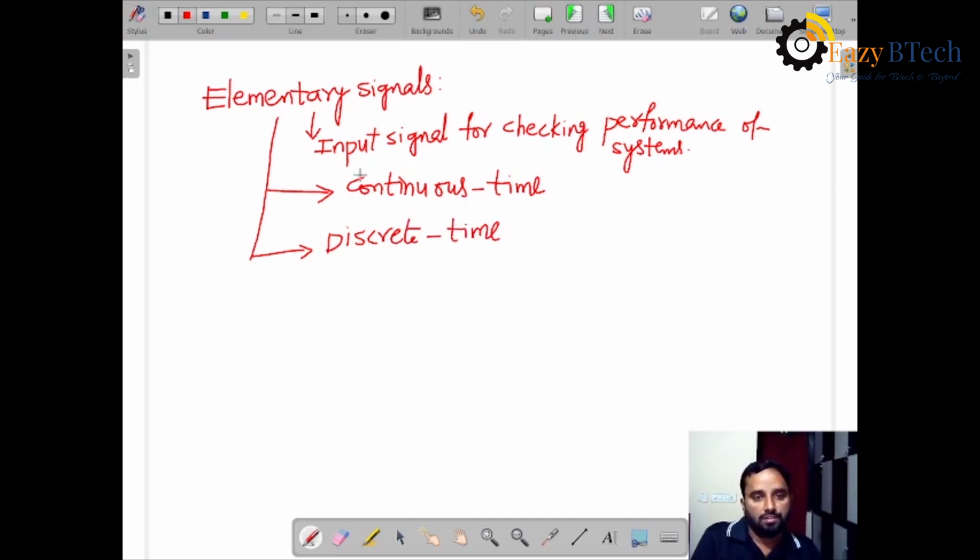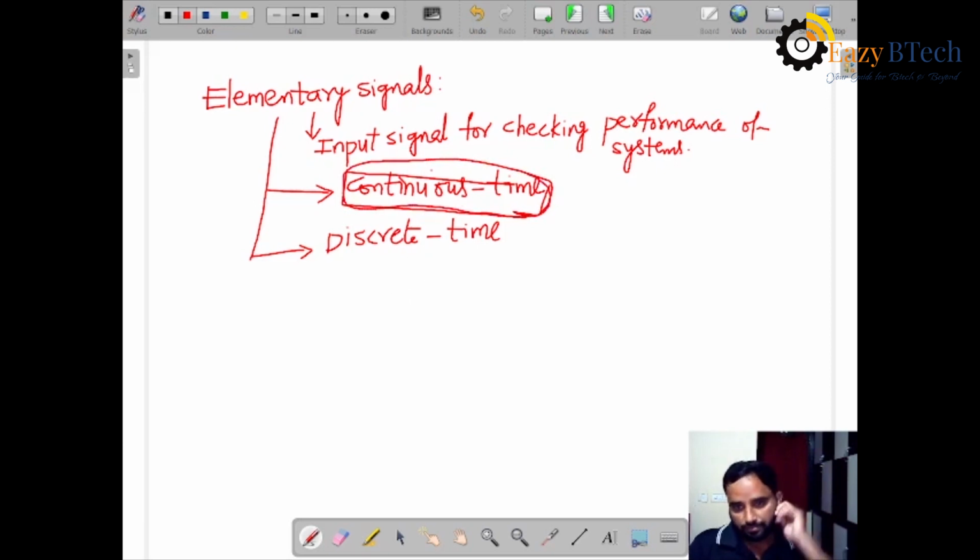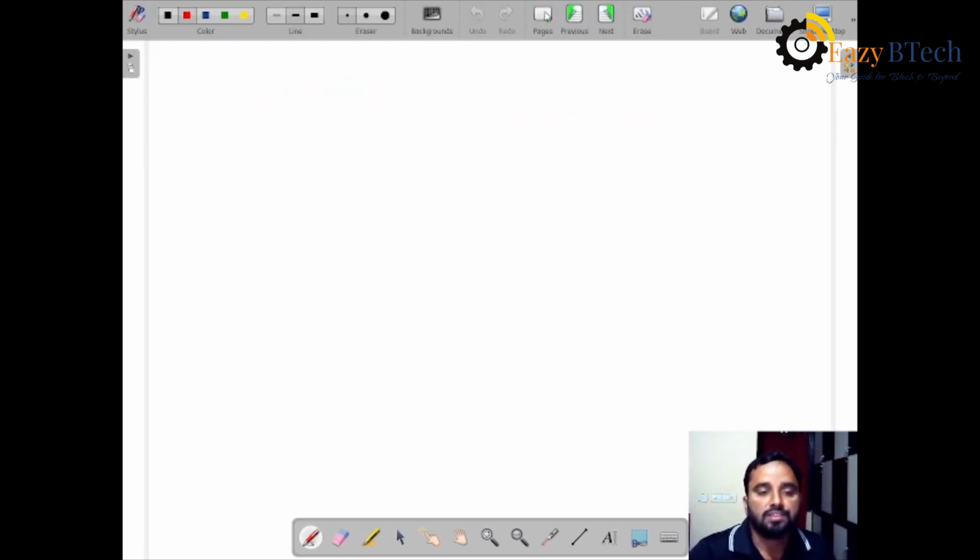Okay, so we are going to study continuous time elementary signals first. We are going to discuss continuous time elementary signals.